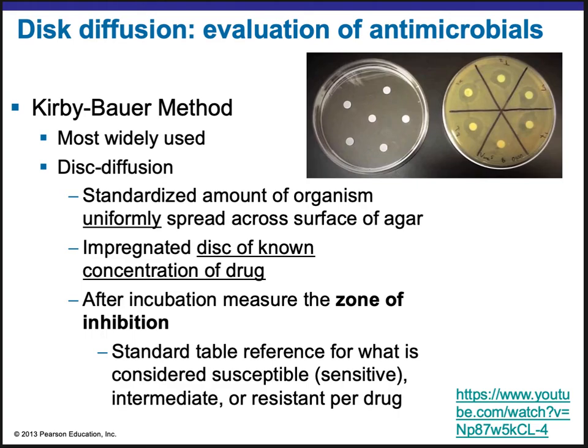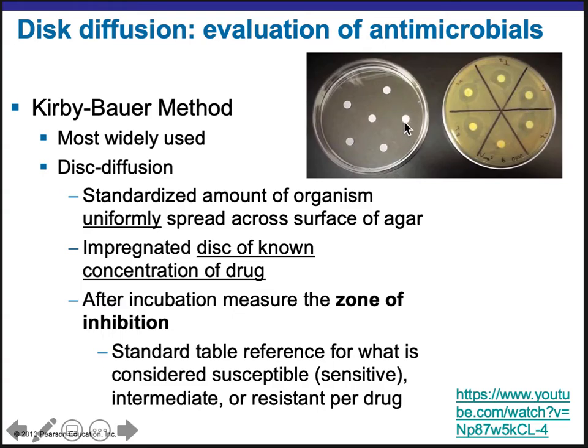So the Kirby-Bauer method is this method of dividing a Petri plate which has a lawn of bacteria on it, and then placing these discs equal distance apart. And these discs have diluted concentrations of drug, and typically you buy these discs already with the drug impregnated in them. So all you have to do is place the disc on the plate.